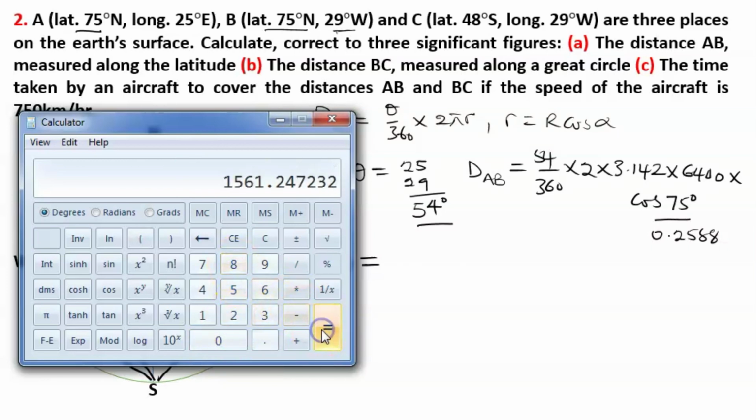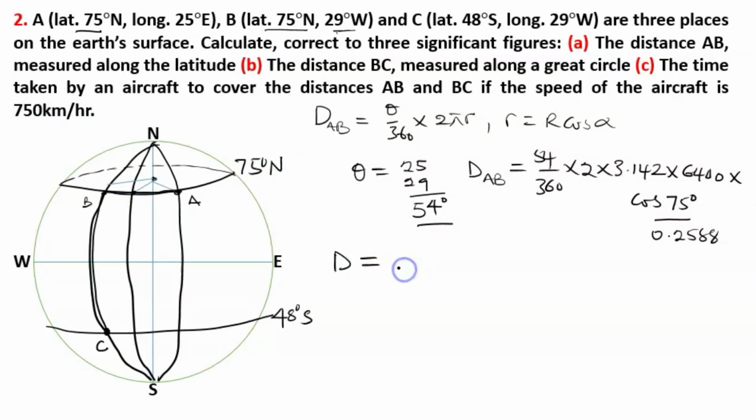That is giving me 1561.25. So I'm having 1561.25 kilometers. This is the distance between A and B.